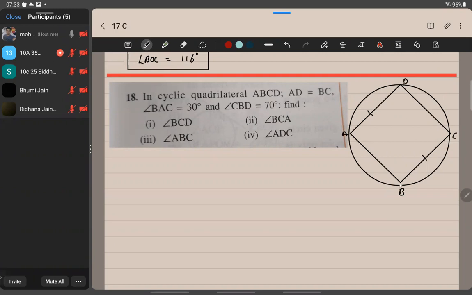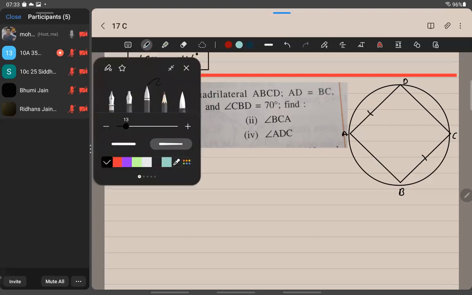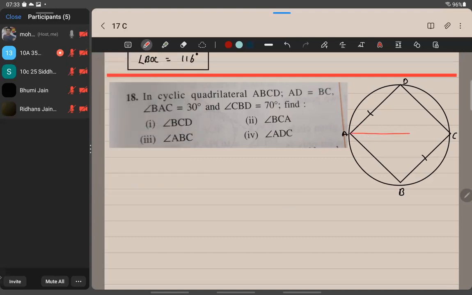Angle BAC is 30 degree. This is already given.